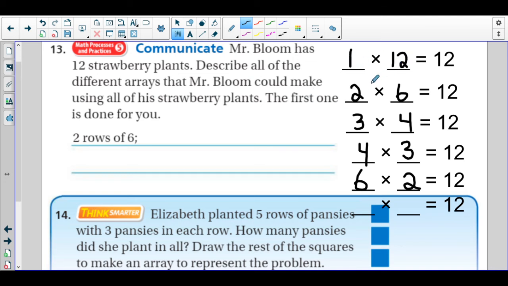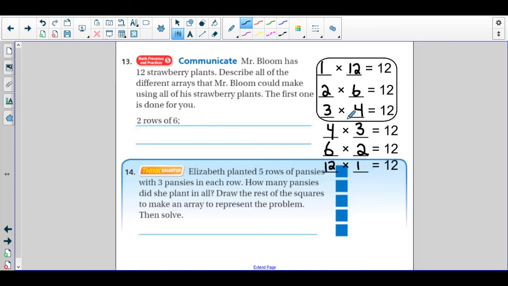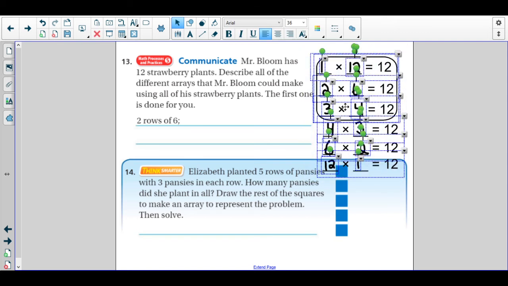Okay. 1, 12, 2, 6, 3, 4. Now, at this point right here, these numbers, they start repeating backwards down here. 3 times 4, 4 times 3. 2 times 6, 6 times 2. 1 times 12, 12 times 1. Okay, so those are the 6 that you would need to have right there. Let me do just a little bit of cleanup here so we got room to work on this last one.